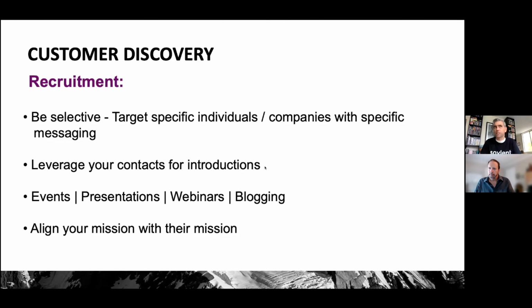It depends, because sometimes compensating them can taint the end result. It can introduce bias. The stranger they are, the further removed from your circle, the more likely it is that you may reward them in some way, offer them a gift card or what have you. But in each and every instance, it does vary a little bit.